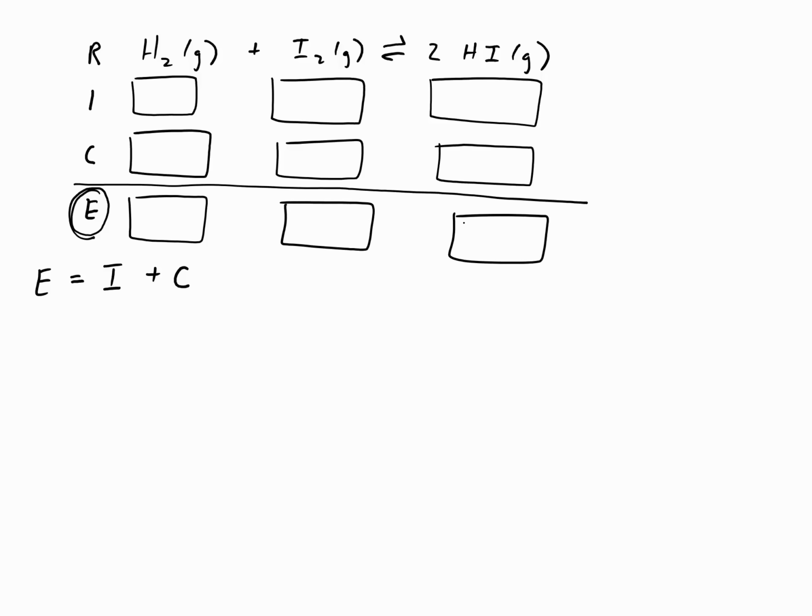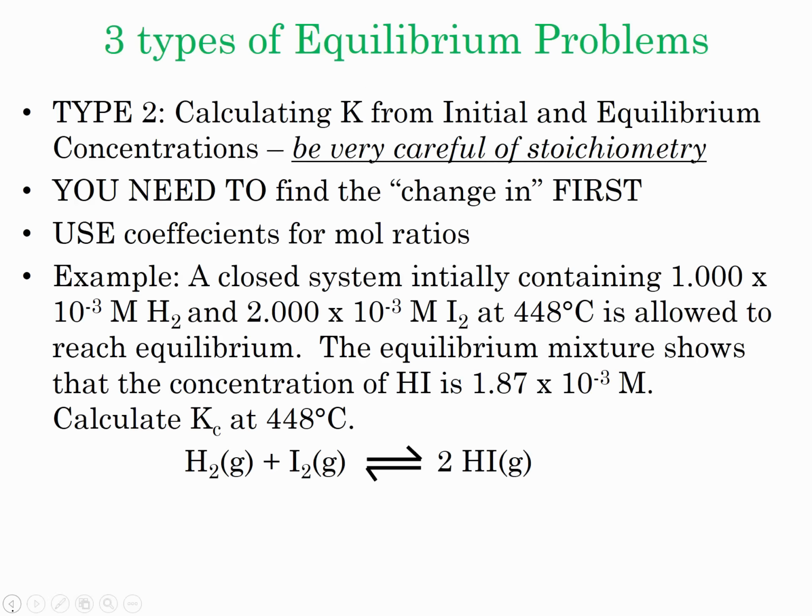So in this problem, if we go back and read, they give us the initial amount for H2, and then they give us the amount for I2. We're going to assume the amount of HI is 0 initially. They don't really come out and say it, but we assume you just started with the reactants and let things happen, and then this will form.